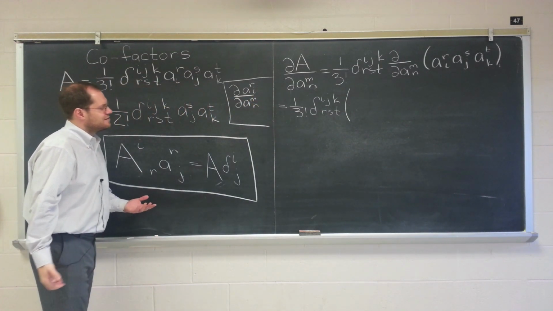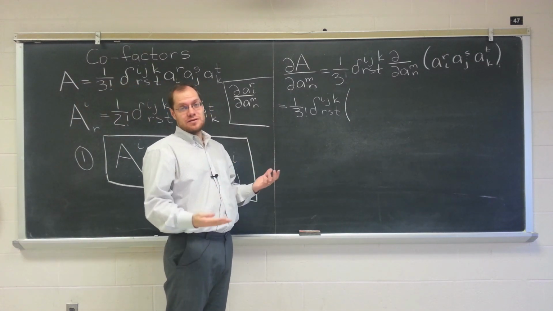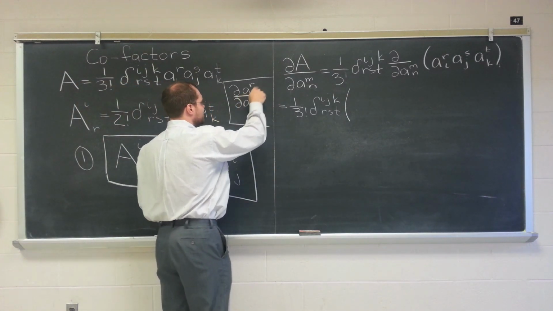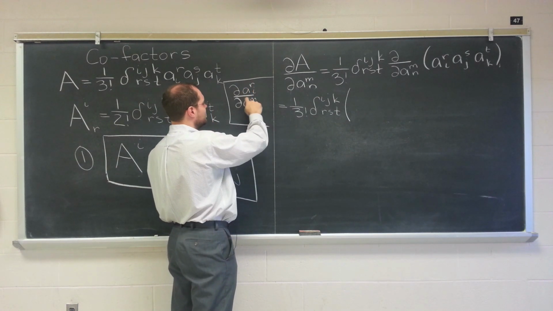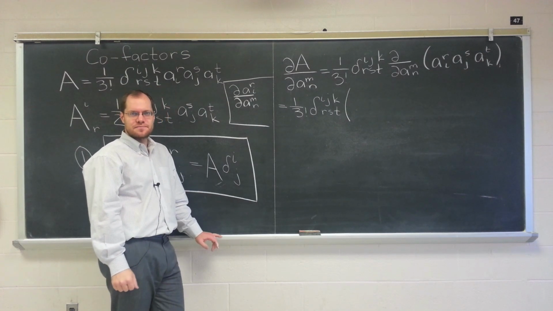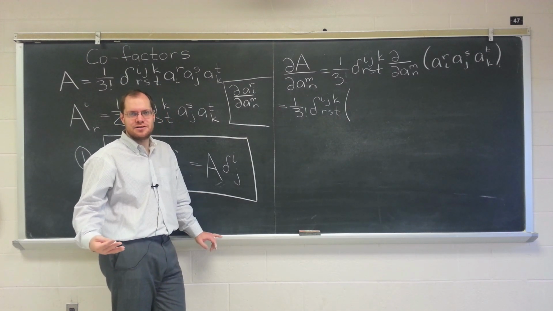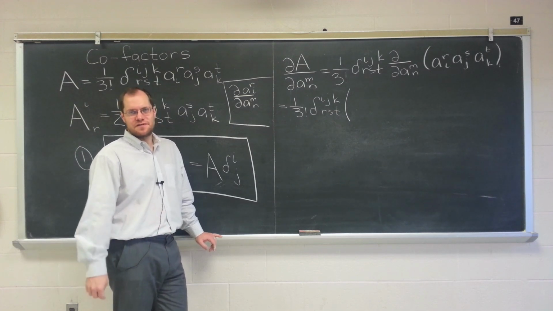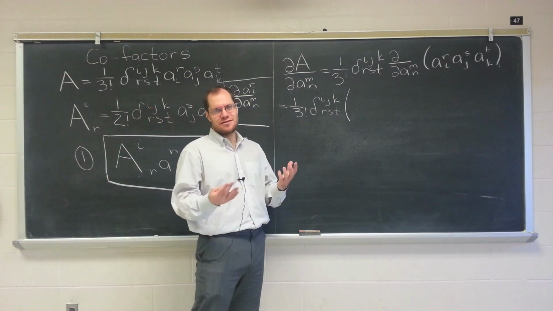And that's where we just have to be very careful about what we're looking at. Of course, we're looking at one of the 9 entries of the matrix differentiated with respect to another entry of the matrix.